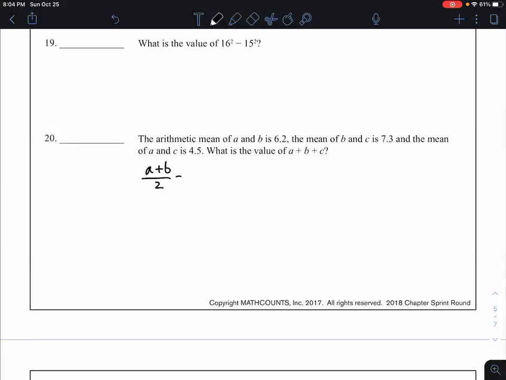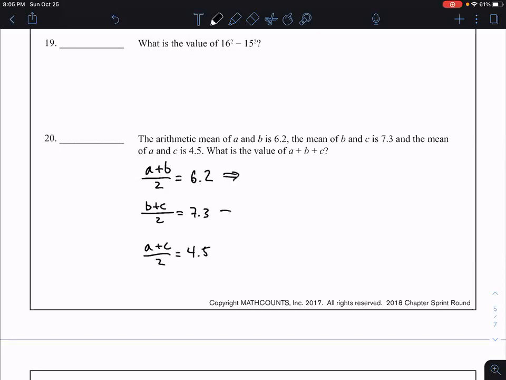So basically A plus B divided by 2 is 6.2. Wait, what did I just say? I meant A plus B. And then B plus C divided by 2 is 7.3. A plus C divided by 2 is 4.3.